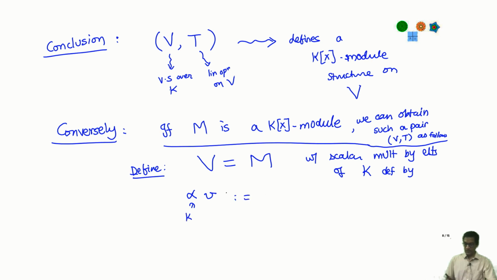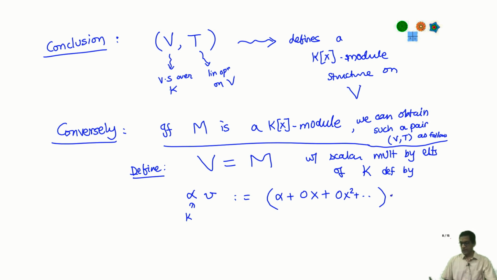A scalar is just a constant polynomial. I can think of the scalar as a constant term alpha, with all the other coefficients zero. So a scalar is a particular example of a polynomial, just a constant polynomial.